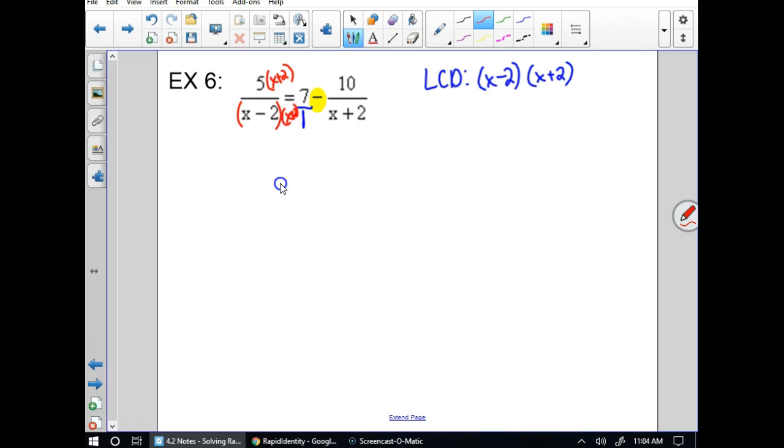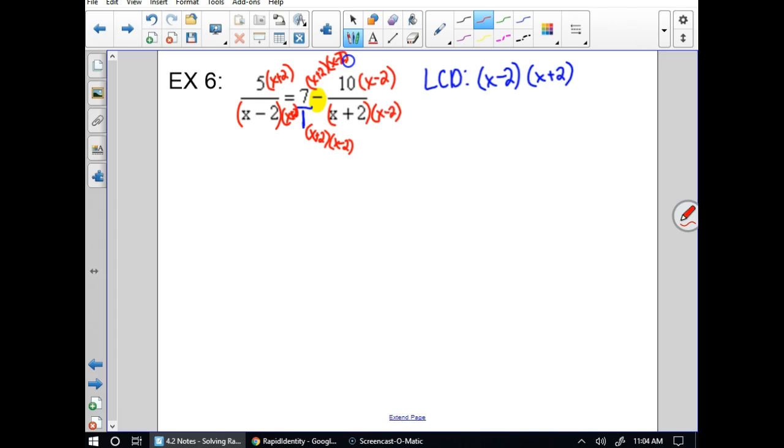What does that fraction need to be multiplied by to get a least common denominator of x minus 2 times x plus 2? It's got nothing right now, right? So it needs both x minus 2 and x plus 2. So x plus 2 and x minus 2. And Hugh, what about the last one? What does it need? X minus 2.